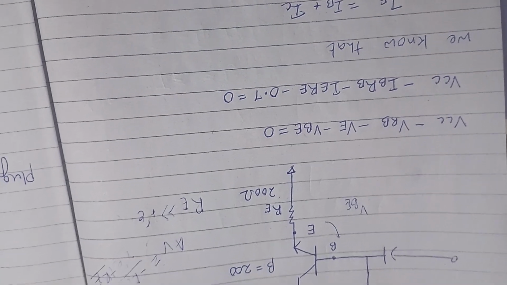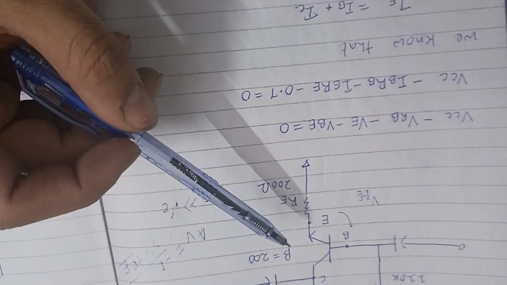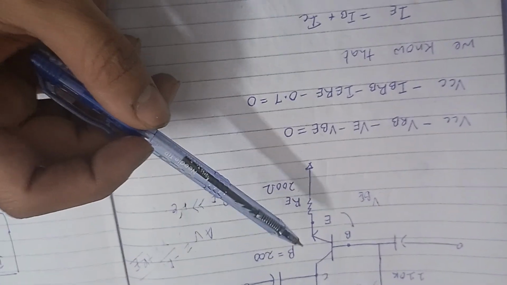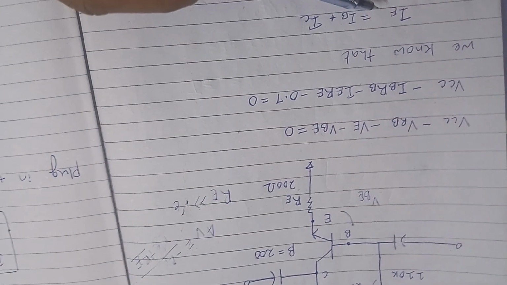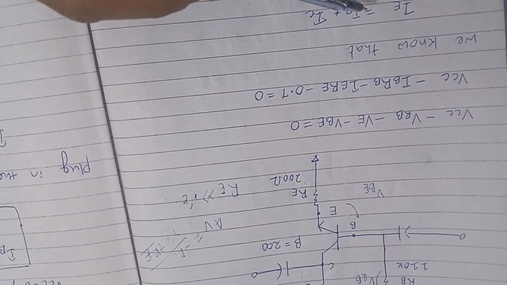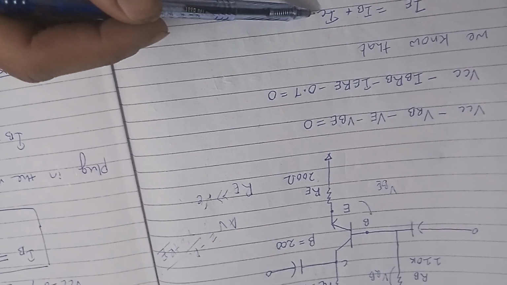We also know from an NPN transistor that the emitter current is the summation of the base current and the collector current.